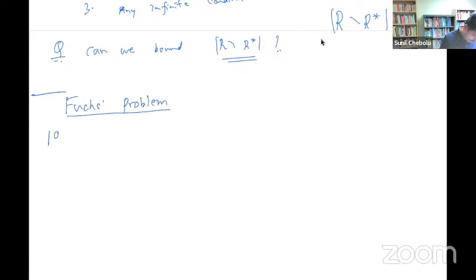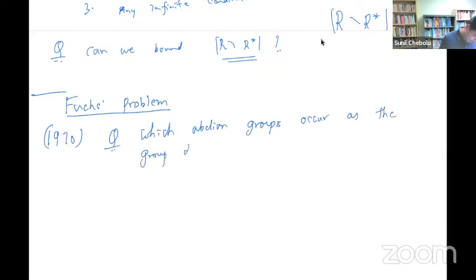Sometime in the year 1970, Laszlo Fuchs asked this question: which abelian groups occur as the group of units of a commutative ring?